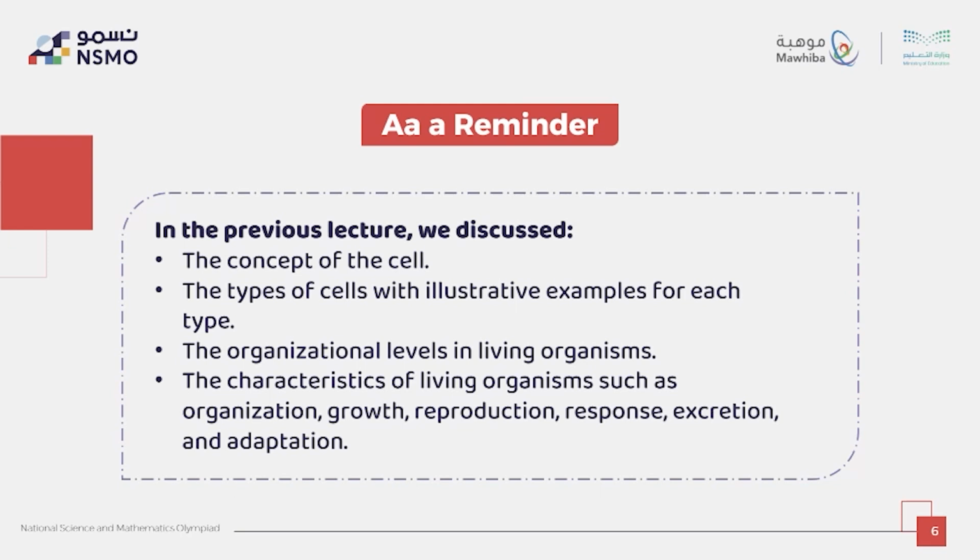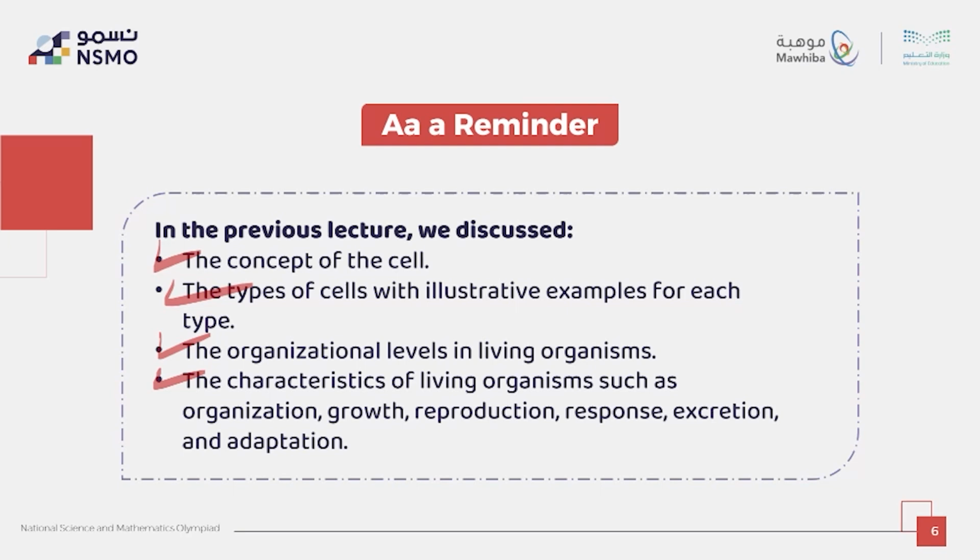We talked about the concept of the cell and the types of cells with illustrative examples for each type, and the organizational levels in living organisms. Finally, we talked about the characteristics of living organisms such as organization, growth, reproduction, response, acceleration, and adaptations.